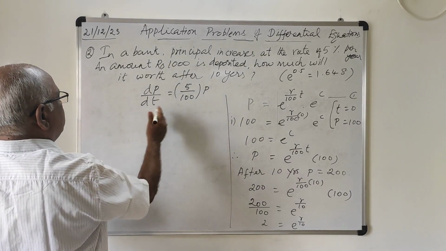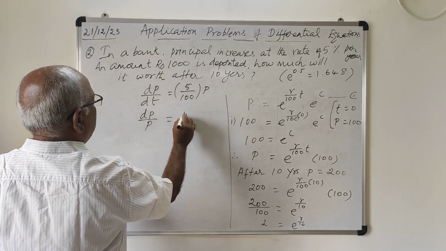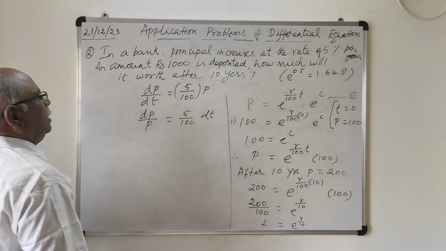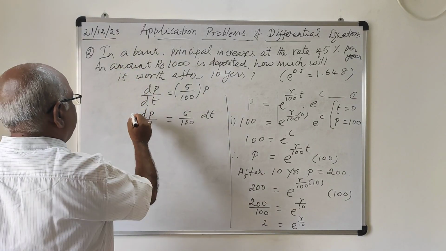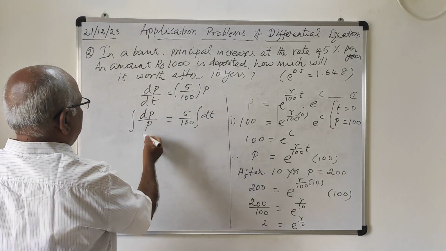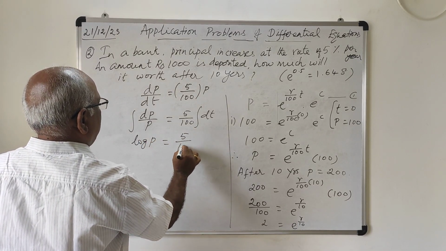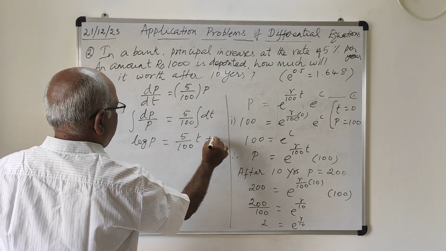From this expression, dP by P equal to 5 by 100 dt. Now integrating both sides, log P equal to 5 by 100 into the integral of dt, which is t plus c.